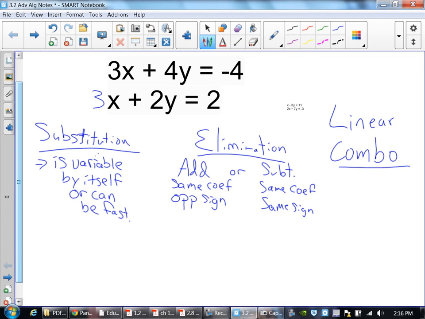And then last but not least, the linear combination is basically when all else fails. When all else fails, what you're doing with linear combination is multiplying by some scalar. What I mean by that is you're going to multiply the entire equation by some value.